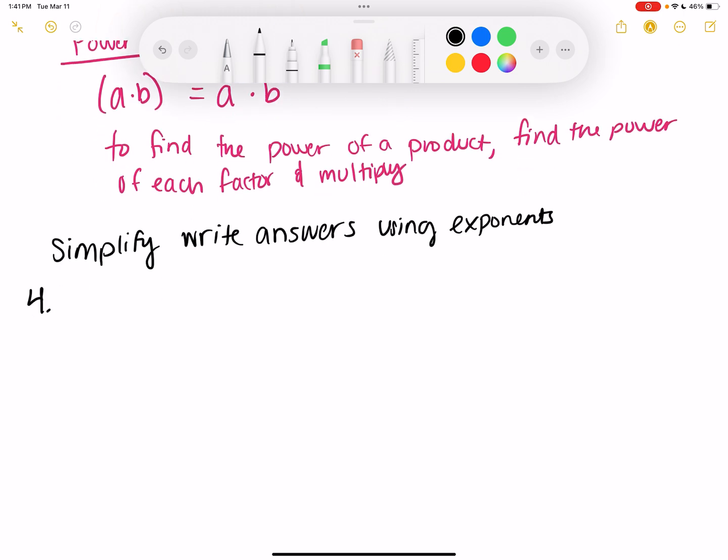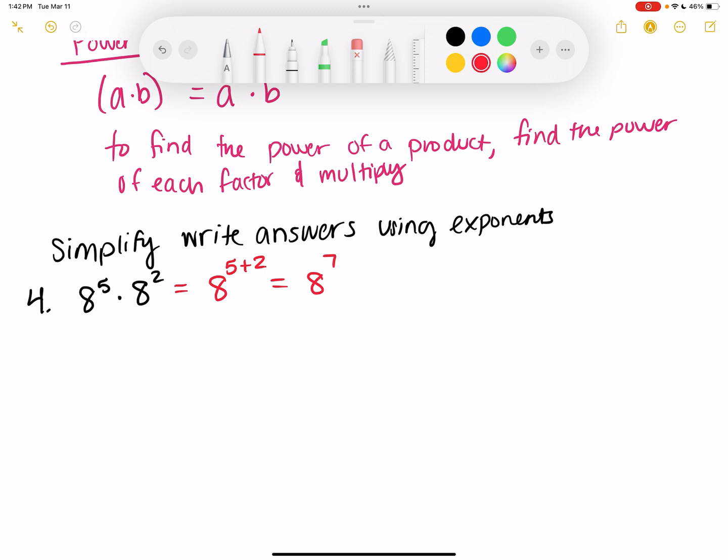So number 4, we have 8 to the 5th times 8 squared. When I have one like this, they have the same base and they're being multiplied. So when I have the same base, I add the exponents. So this is going to be 8 to the 5 plus 2, which equals 8 to the 7th.